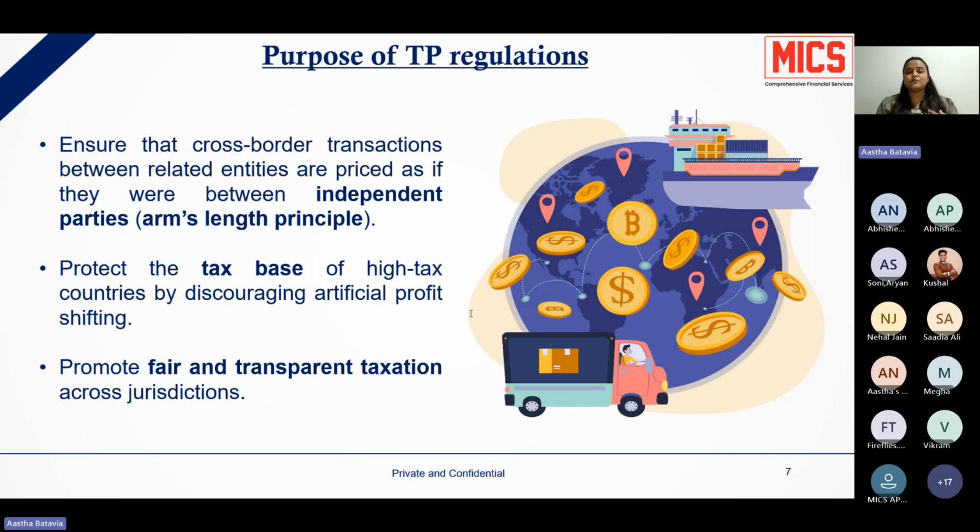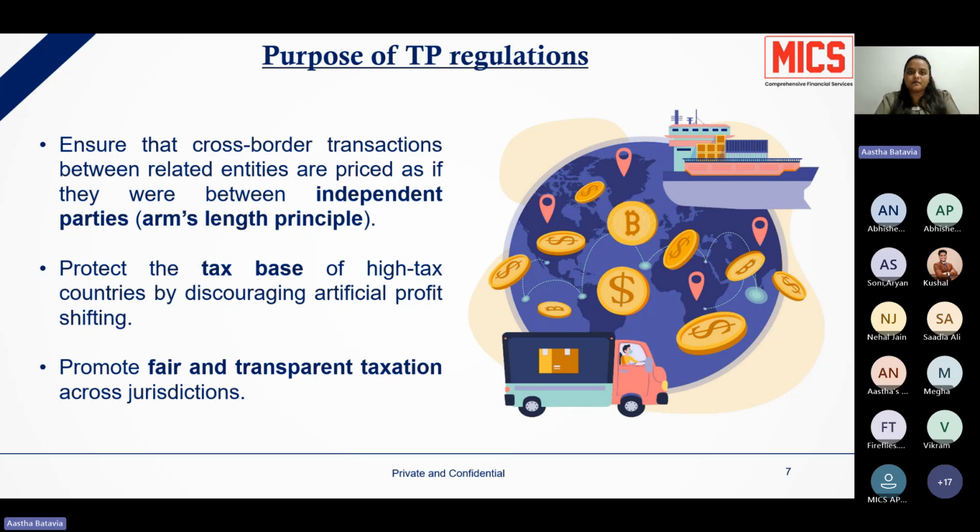Secondly, governments protect their tax bases, especially in high tax countries, by discouraging artificial profit shifting. And finally, they promote fair, transparent taxation, so every country gets its rightful share of taxes. In short, TP regulations are all about fairness, consistency, and integrity in global business.